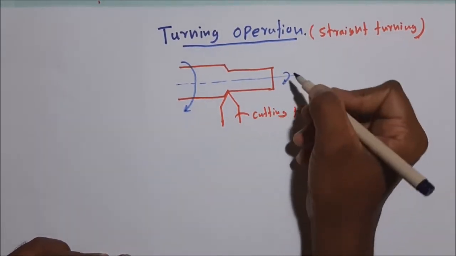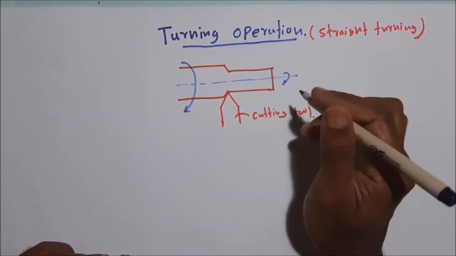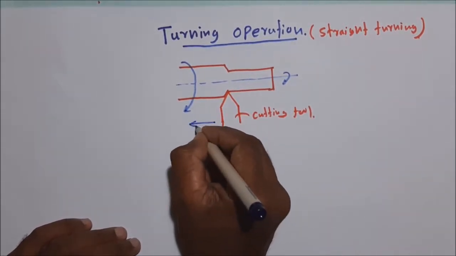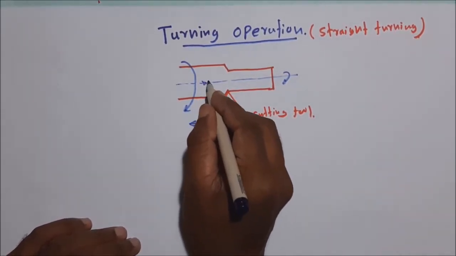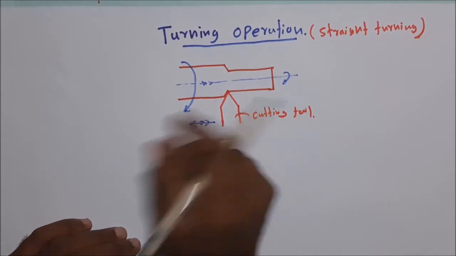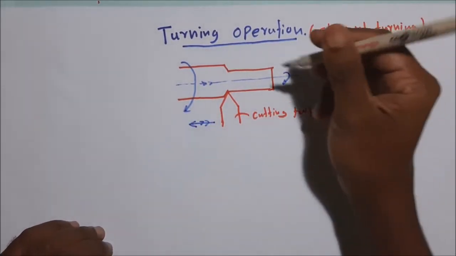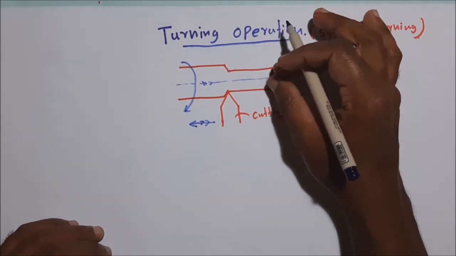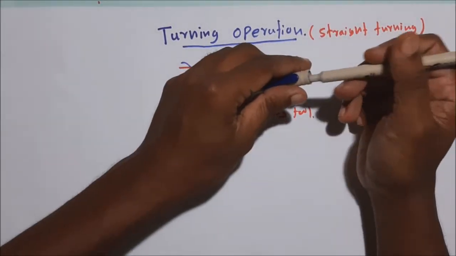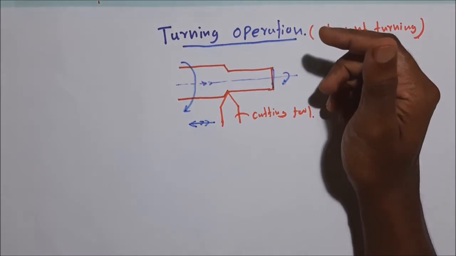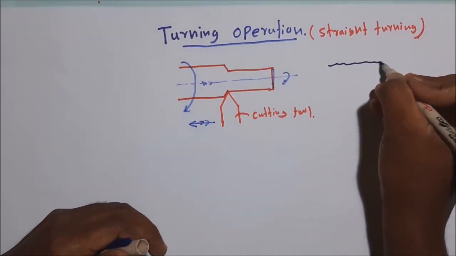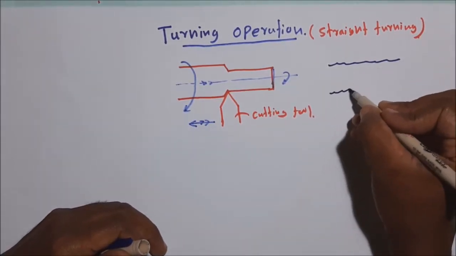Then the cutter is fed parallel to the rotating axis of the workpiece. So it is used to reduce the diameter of the workpiece or to obtain a cylindrical surface for the component. For example, let's take this kind of irregular shape. We have an irregular shaped shaft.